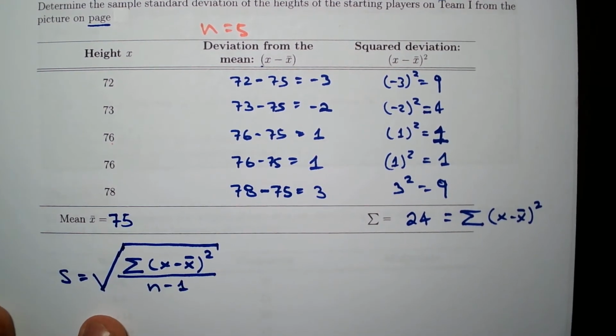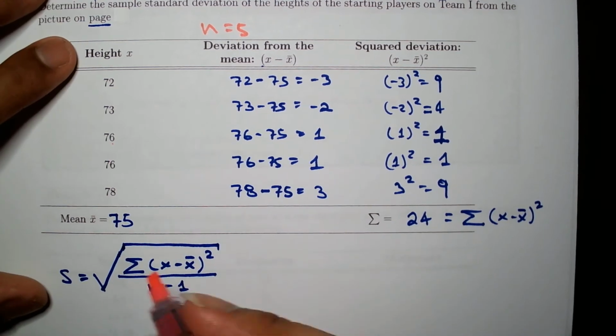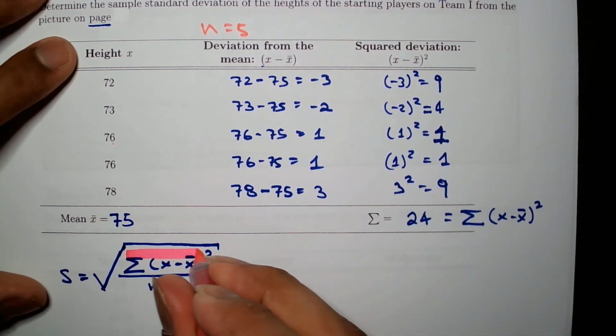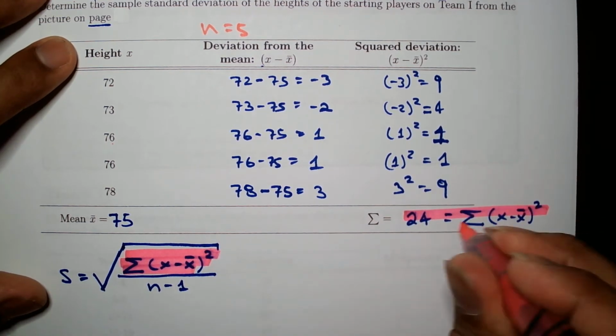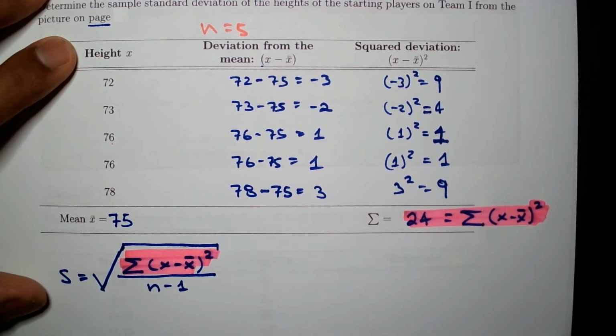This calculation, what I'm highlighting here, is this 24 that we're seeing here.